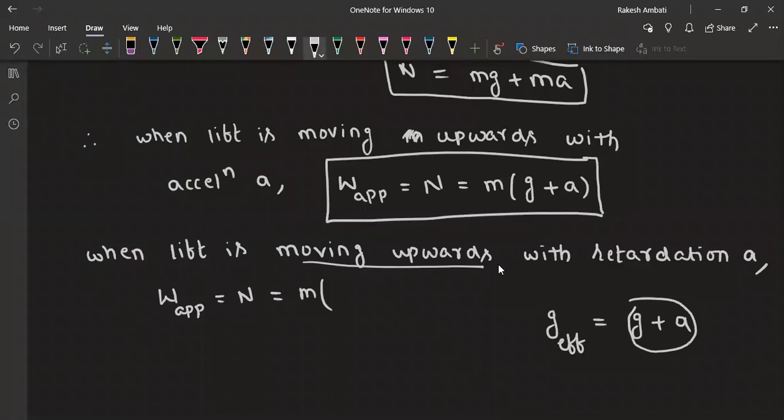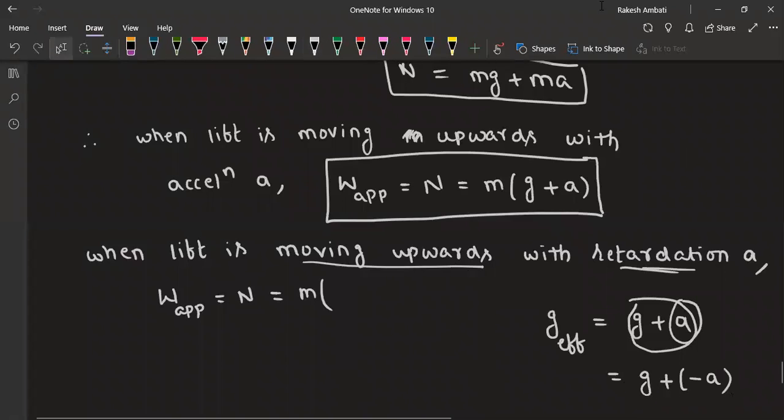The same formula we have to follow, with g as it is, plus, but in the place of a, what do we write? Retardation. Retardation means negative acceleration. We follow the concept of g plus a because the lift is moving upwards, but in the place of a we write minus a, because the lift is under retardation.